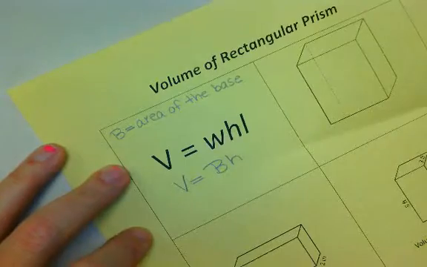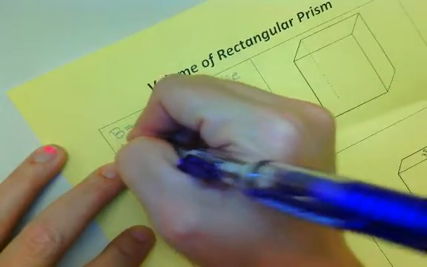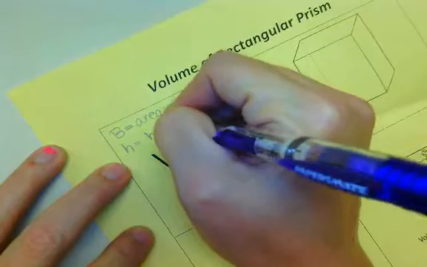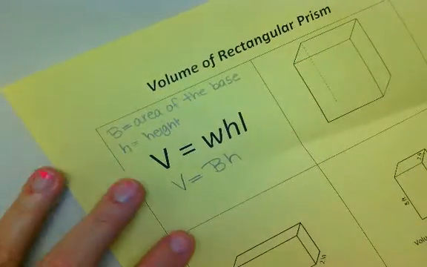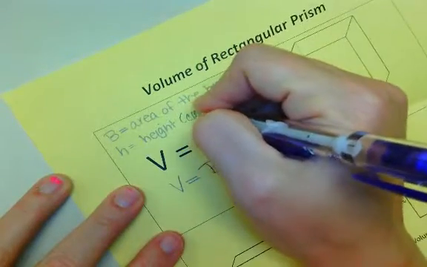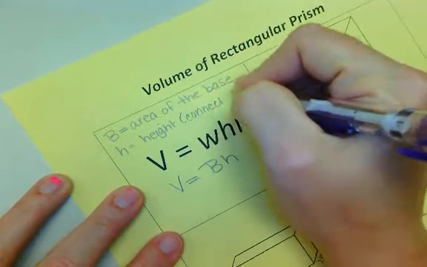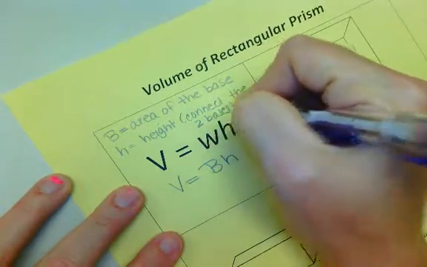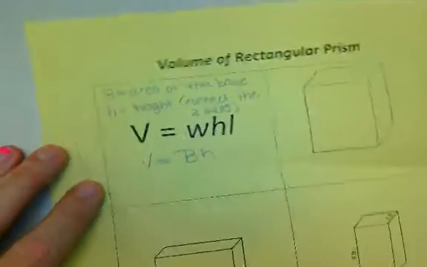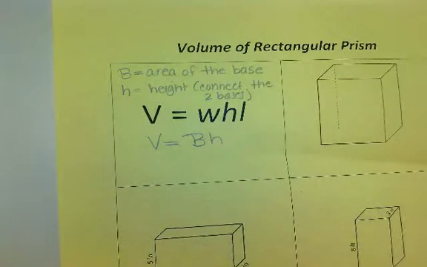And then your h equals your height, like normal. But height is a little different this time because your height connects the two bases. Okay? And that makes it a little different.